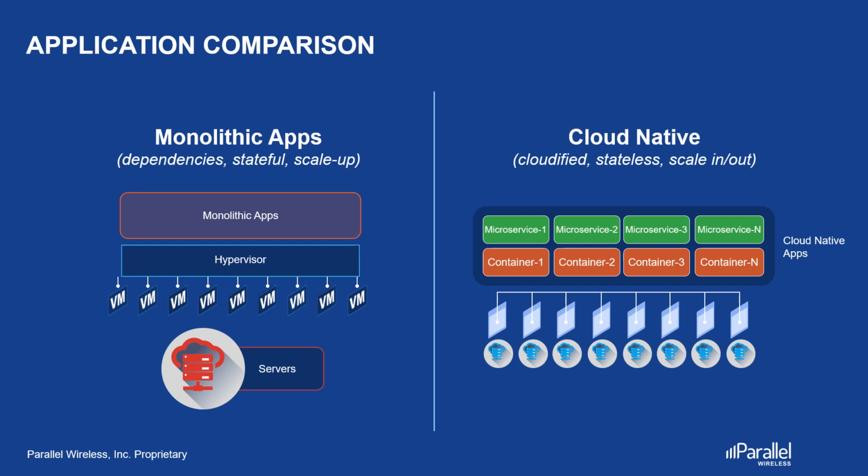So this is where there are certain challenges and complexities involved with monolithic applications. In comparison, cloud native applications are more stateless, easier to scale, and can be deployed on any cloud. They mainly contain loosely coupled components called microservices.